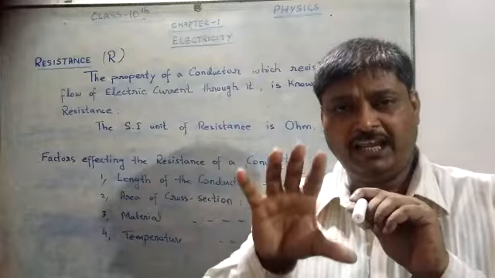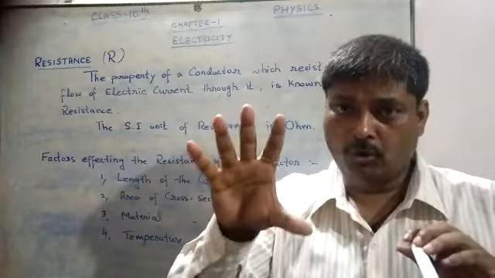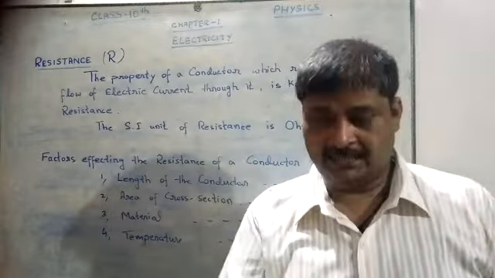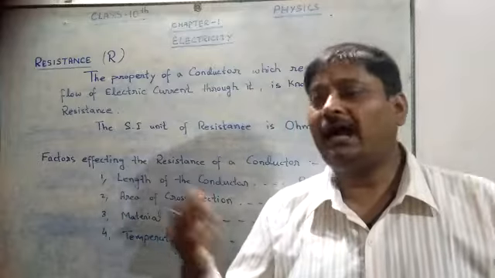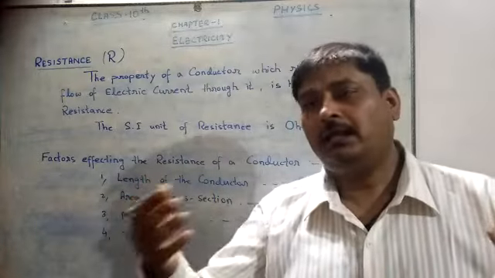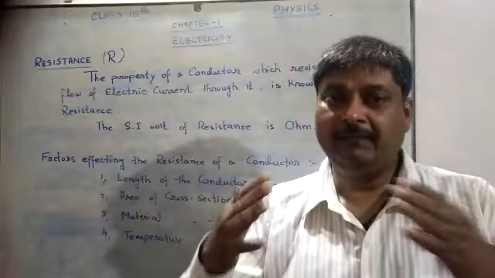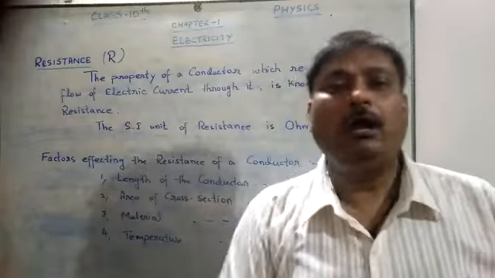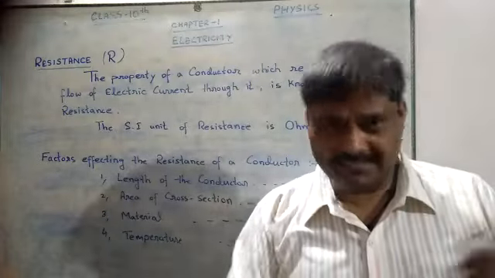Now, if the cross section area of this wire is more, the resistance will be less, because in that case there is less number of ions. That's why the electric current is getting more space so that it can pass very easily.